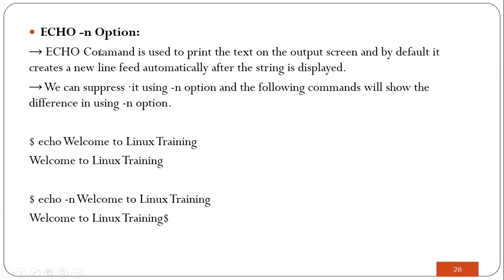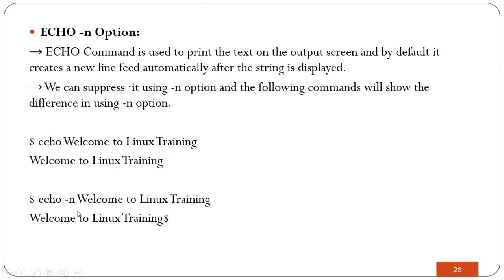Here we have the hyphen n option. It will print on the same line. Whenever you execute the command echo welcome to the Linux training, it will print the text and the dollar prompt will be on the new line.